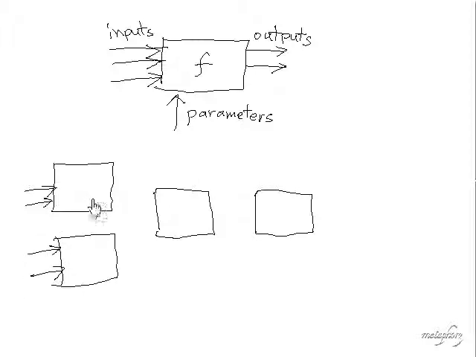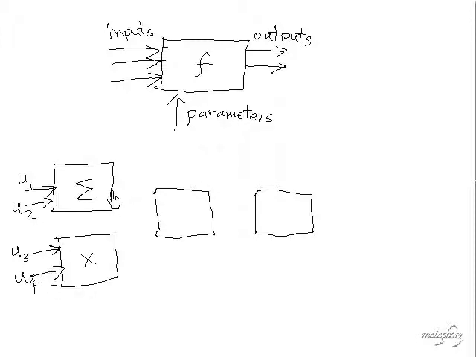Okay, and we're going to make this first block a summation, which we'll designate as sigma. And we'll say that the first input we'll label U1 and the second one U2. Then this is U3 and this is U4. They're inputs to this second block over here. And this will be a times. So this sums its two inputs and this multiplies its two inputs.